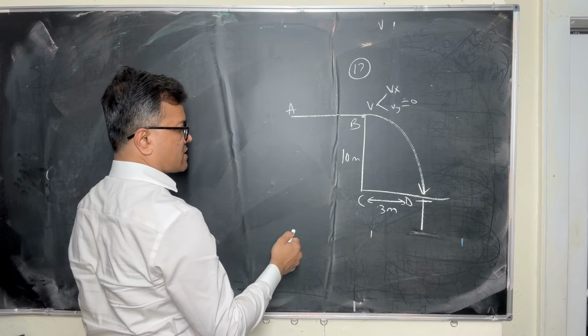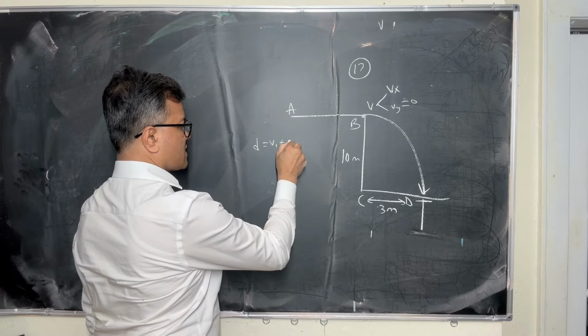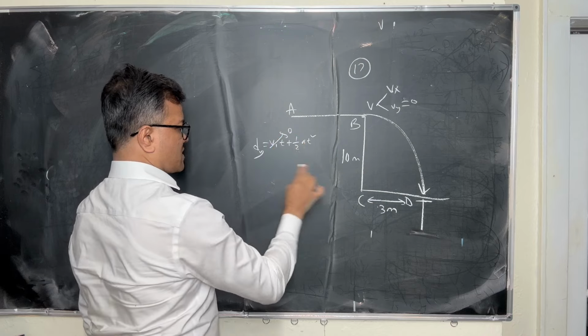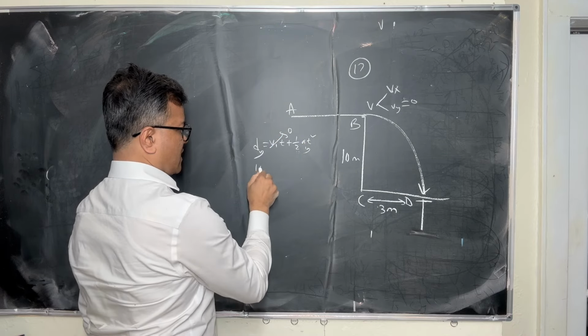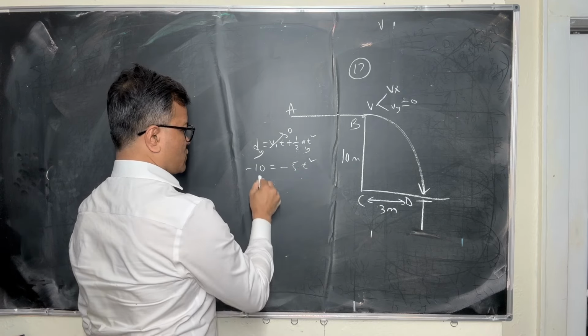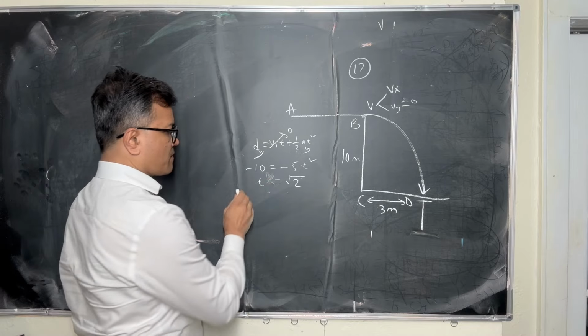Okay, first we're going to find t. So dy is equal to viy t plus half ay t square. So this is 0 because of the y direction. So negative 10 is equal to negative 5 t square. So t square is equal to 2, t is equal to square root of 2.